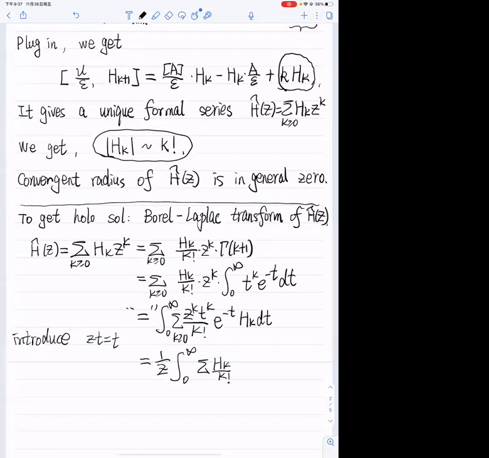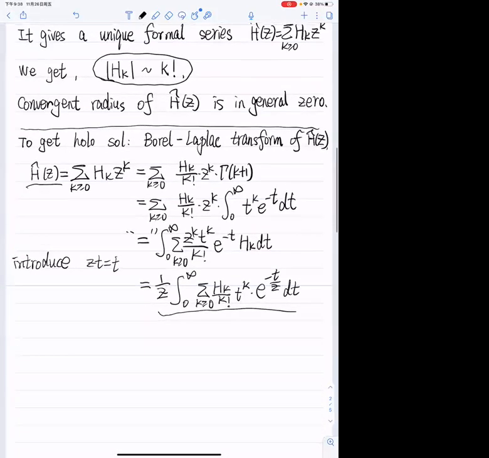It's hk over k factorial, t to the power k, times exponential minus t over z, dt. So see here, I was starting from a formal power series, and somehow in the middle I formally switch summation and the integral. In the end, I get an integral expression.